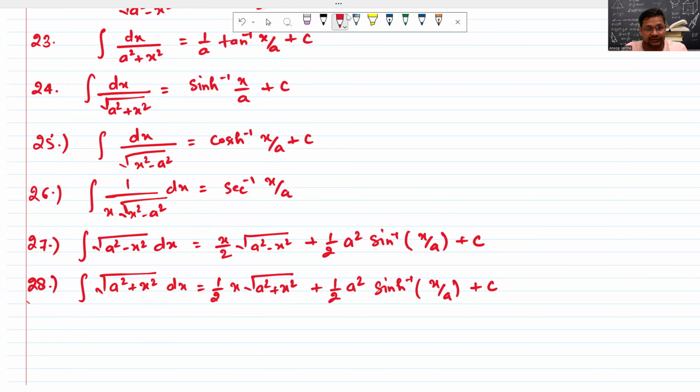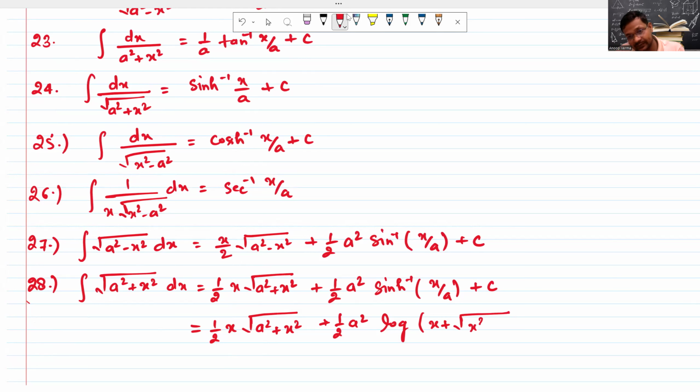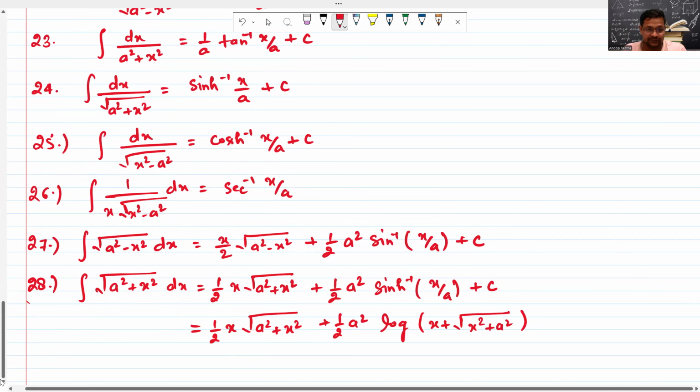We can also write it as 1 by 2 x root of a square plus x square plus half of a square log of x plus root of x square plus a square. So this is also writing the 28th formula in this way.